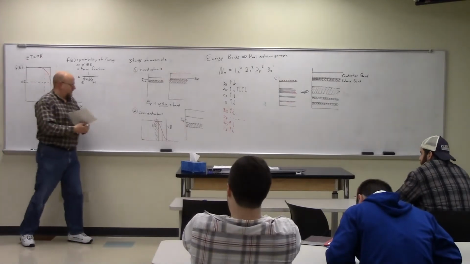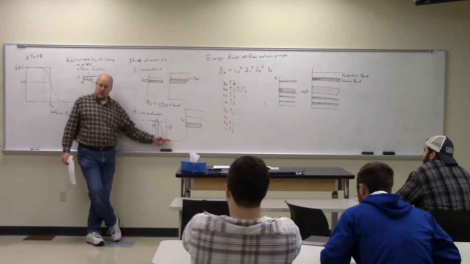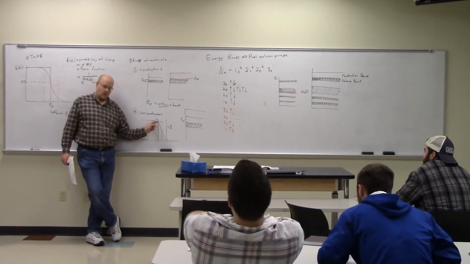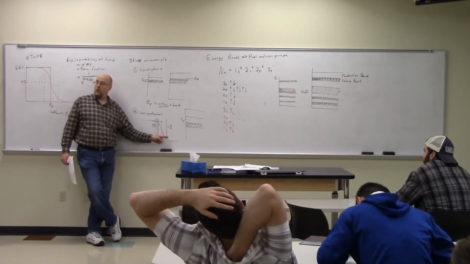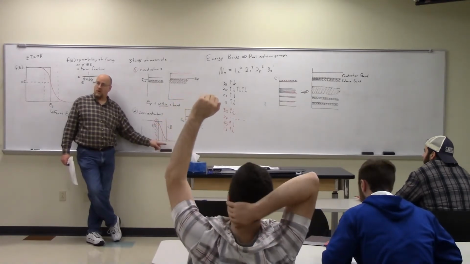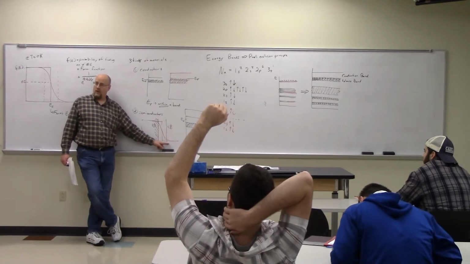Okay. So if you look at this picture here, the semiconductor, at the temperature I've shown here, there are a few electrons from here that have been excited up into the conduction band, but only a few. That's why it's a semiconductor. There's only a limited number of charge carriers available to conduct electricity.